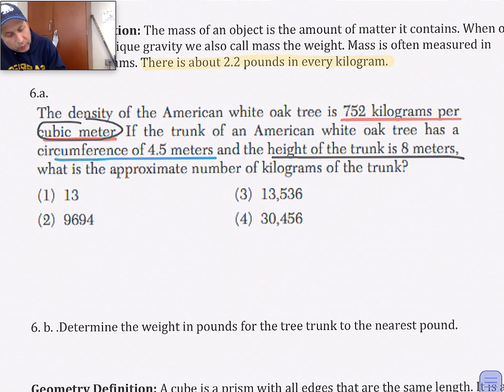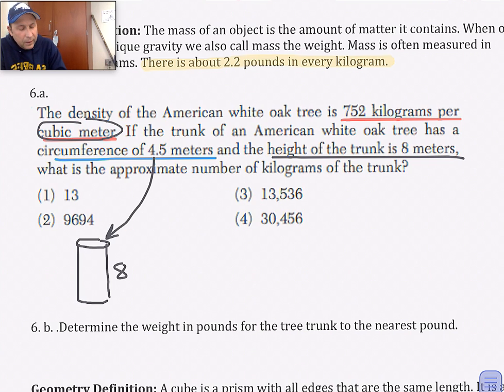All right, so looking at this question, we've got a tree trunk, which we'll say is approximately a cylinder. It's not a perfect cylinder, but then we've got the trunk of a tree. We know that its circumference is 4.5 meters, and we know that the height is 8 meters tall.